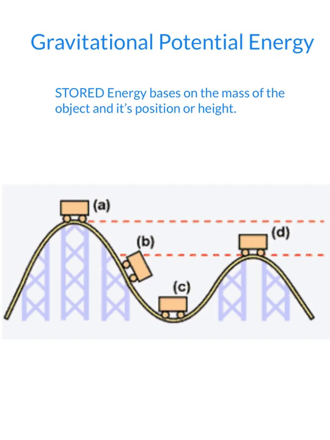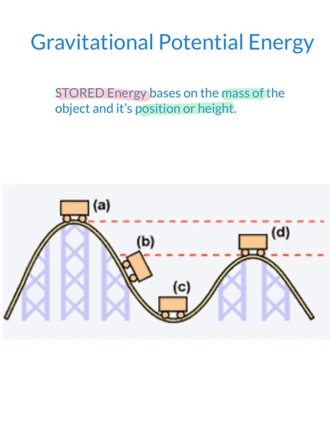So if you look at gravitational potential energy, the main part here is that it is stored energy. All right, and this is based on three things. The gravitational acceleration, which is normally right about 9.8 meters per second squared. But the other two big factors are going to be the mass of the object as well as its position or height. So in that last example, we are talking about the height of the giant.